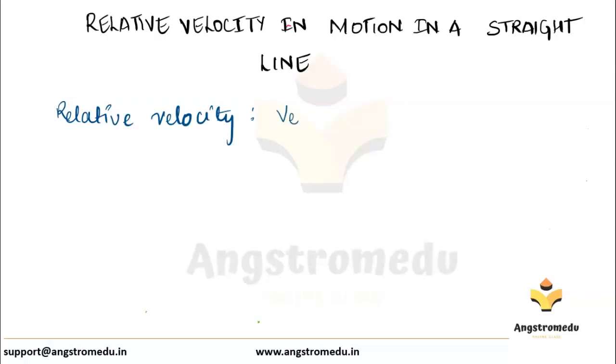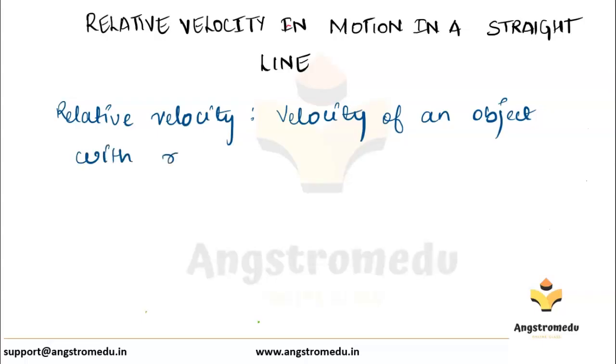So it is the velocity of an object with respect to another observer or an object.